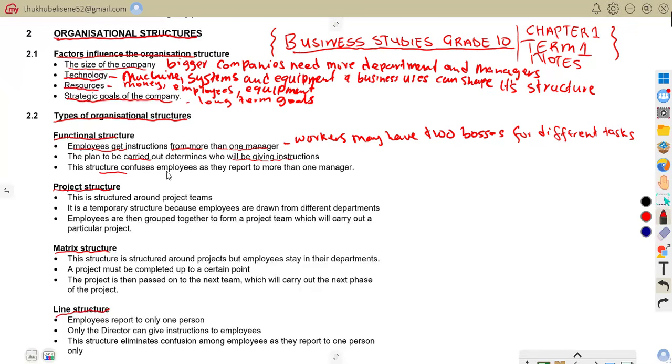The structure confuses the employees as they report to more than one manager. Employees can receive conflicting instructions.